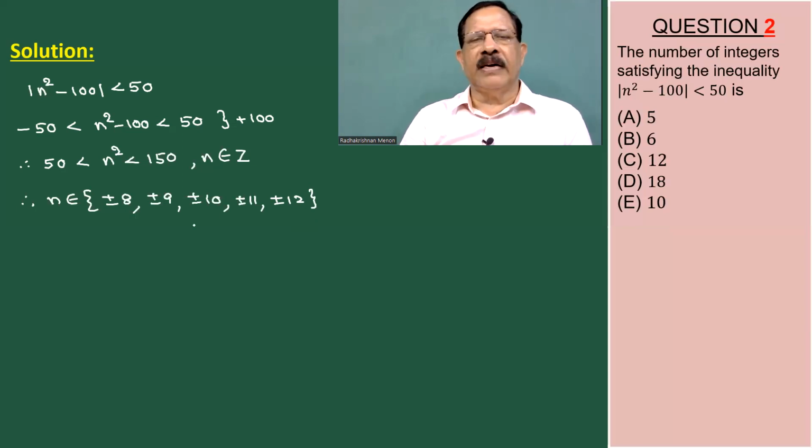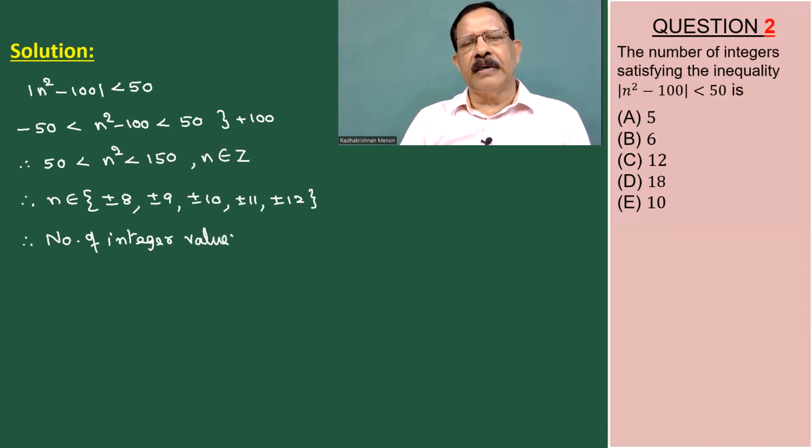So the number of integer values is what you are being asked to find. What about the number of elements in the set? 2, 4, 6, 8, 10. The answer is 10, so that appears as option E.